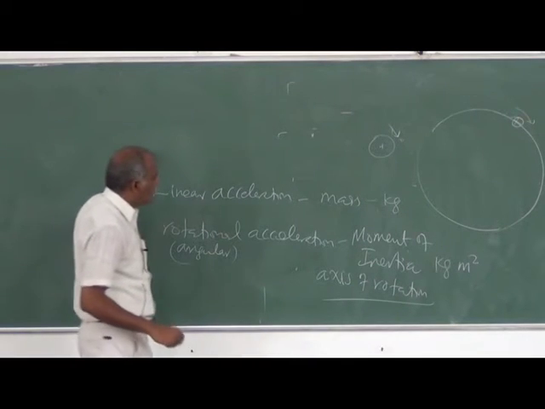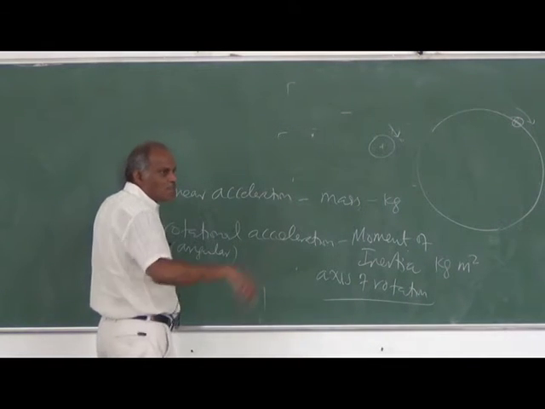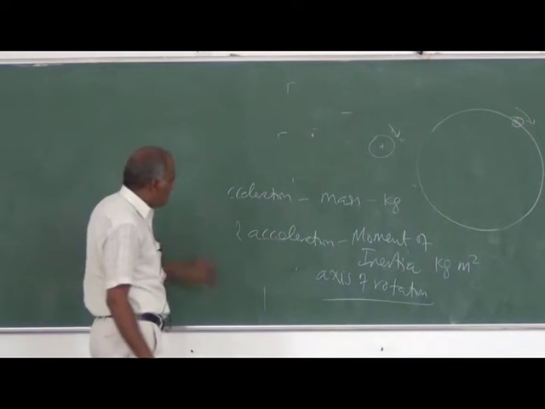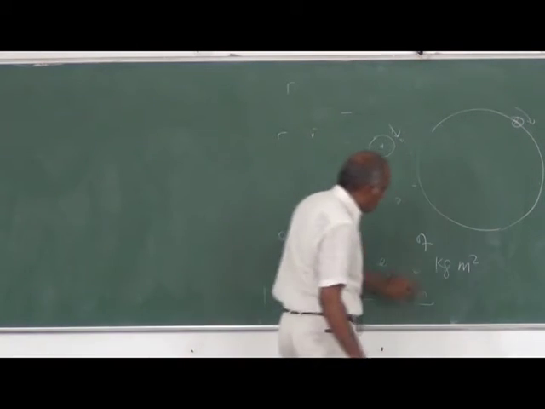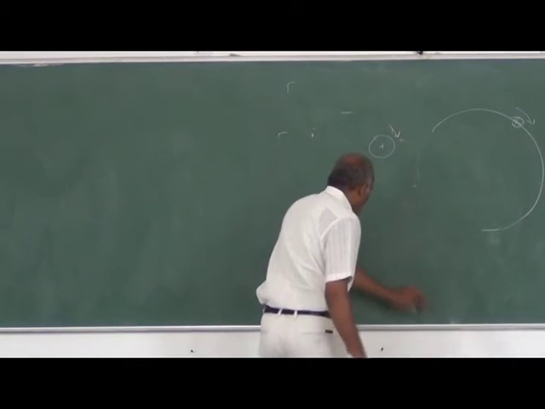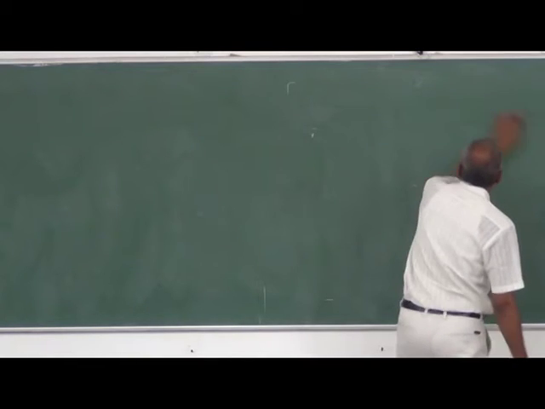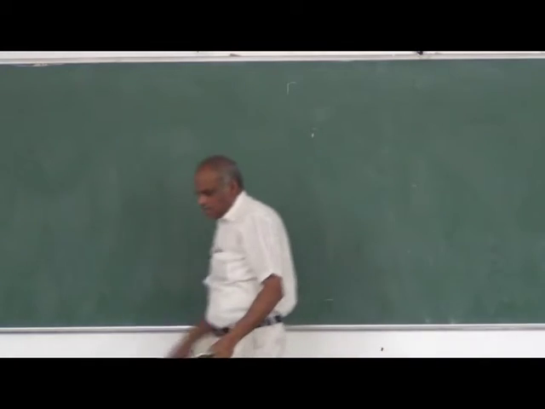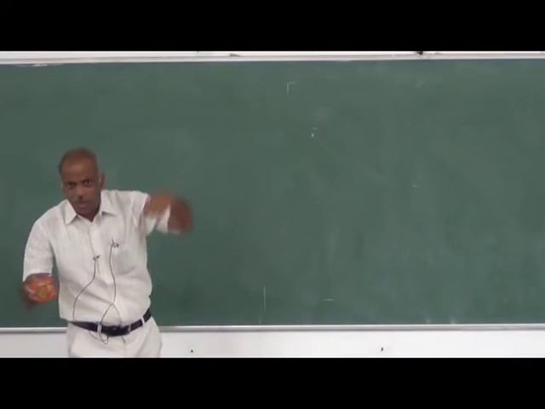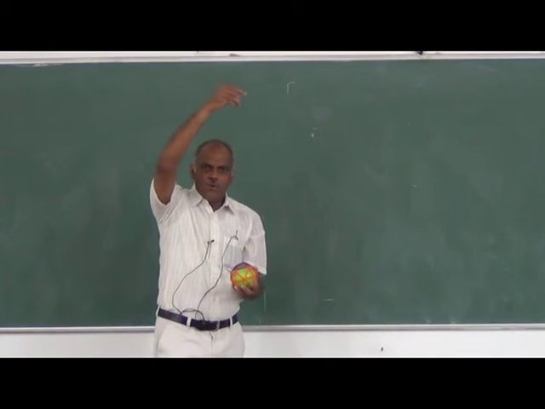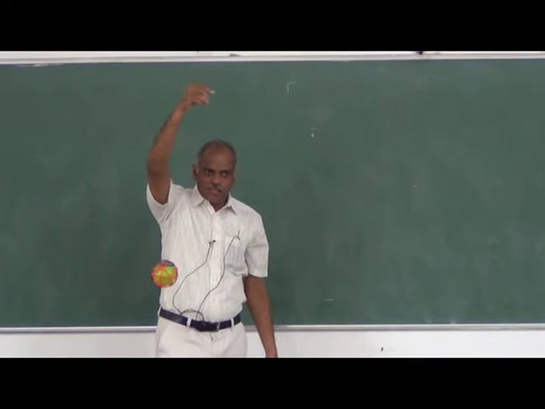Now, something is rotating, how to analyze that? Some object is accelerating, how to analyze? Say for example, I'll take this ball and I am trying to rotate this like this.